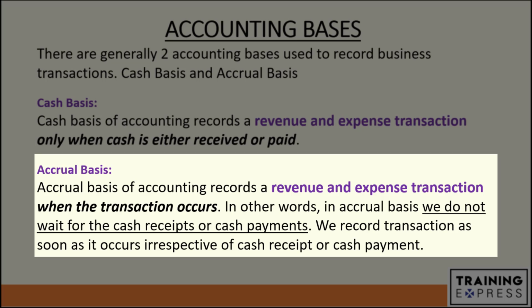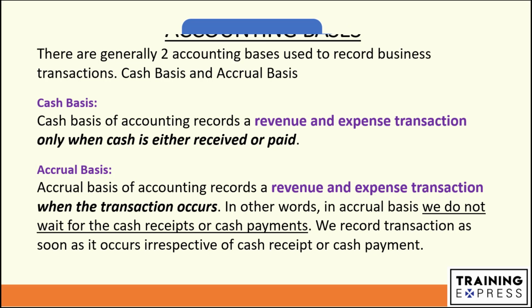Accrual basis of accounting records a revenue and expense transaction when the transaction occurs. In other words, in accrual basis, we do not wait for the cash receipts or cash payments. We record the transaction as soon as it occurs, irrespective of cash receipt or cash payment.